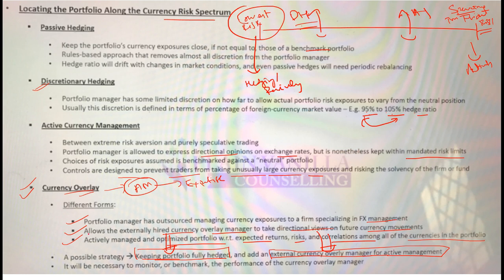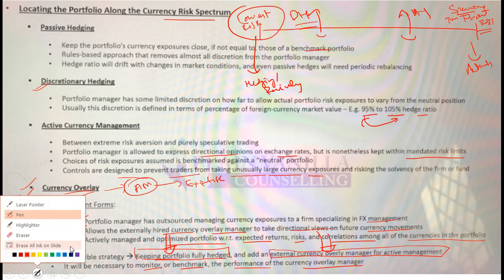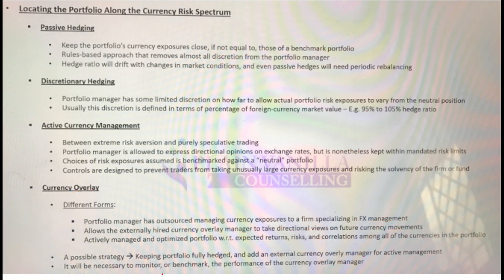No matter whatever form you take, when you are hiring a manager, it will be necessary to monitor or benchmark the performance of the currency overlay manager. Even if he is external or internal, you need to monitor, benchmark, and review the performance of the overlay manager.